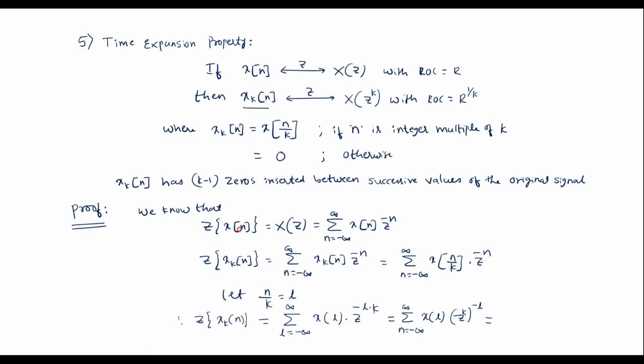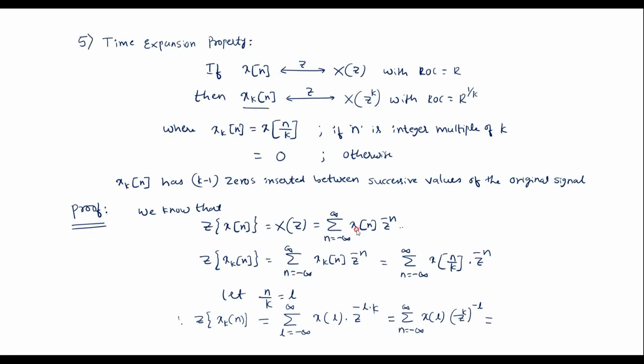Z transform of x(n) is X(z), which is nothing but x(n) z power minus n. This is the Z transform of x_k(n). Now comparing this expression with this expression, here we have x(L) z^k power minus L.